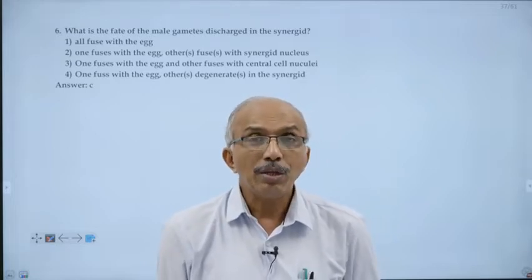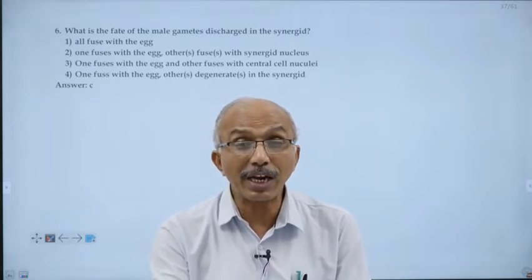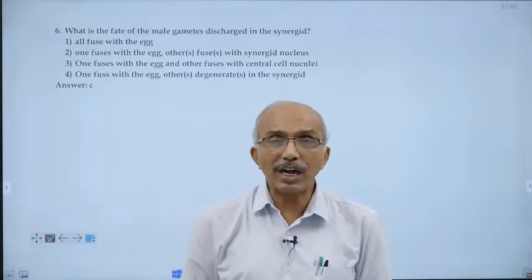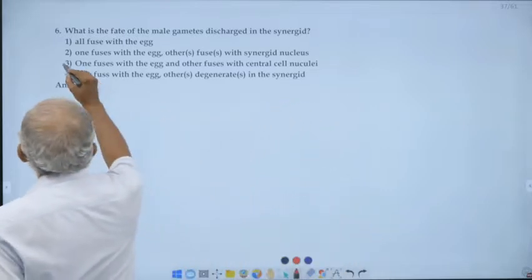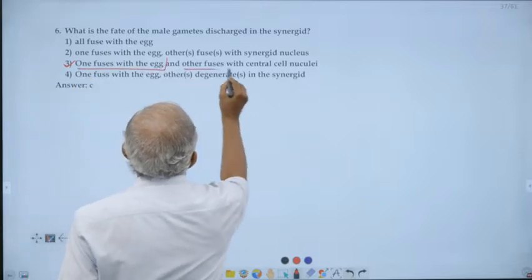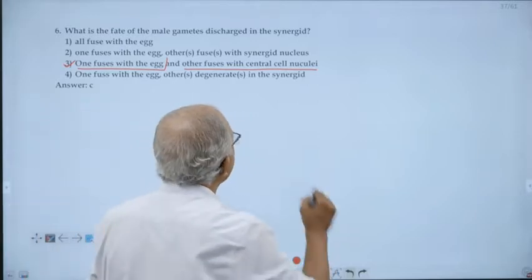Both the gametes are involved in fertilization. That is, one fuses with the egg and the other fuses with the central cell nuclei.